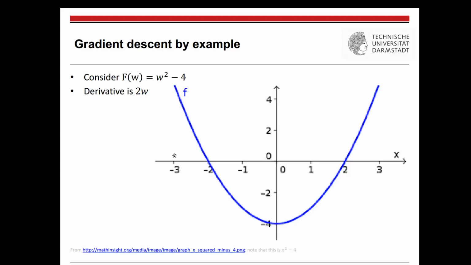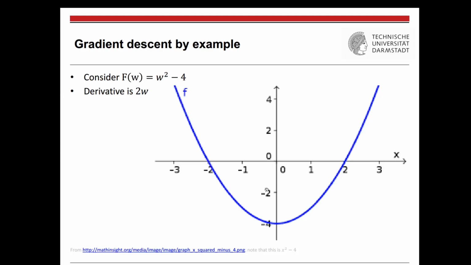Okay, we illustrate gradient descent by way of example. We go to the simplest possible case, which is a function whose domain is just the real line, and we consider in particular the function w squared minus 4.